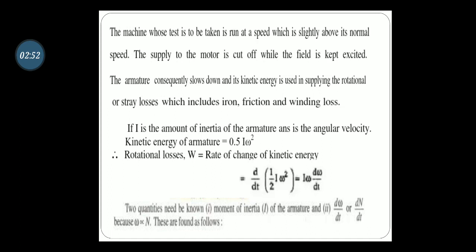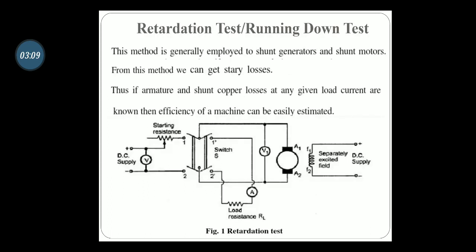If the supply is disconnected from the motor, the motor slows down and stops. So in this case, the field winding of the motor is kept excited and the armature supply is disconnected.